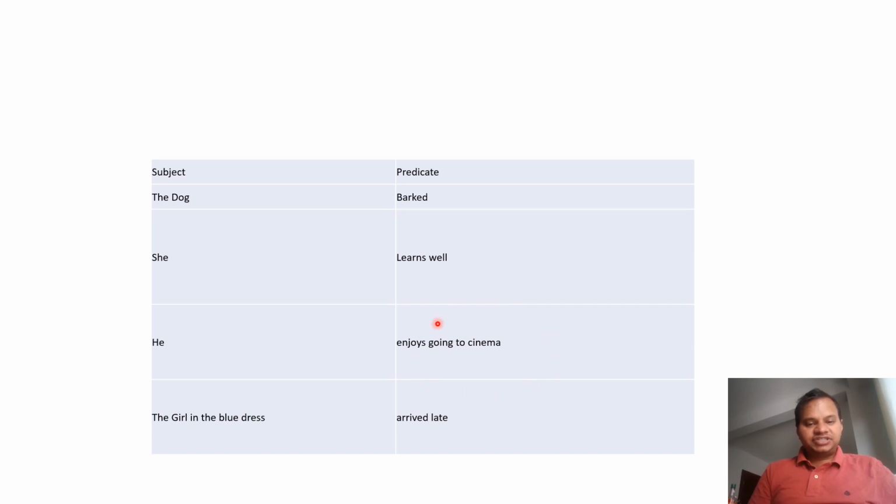Enjoys going to cinema. Then, the girl in the blue dress arrived late. So we think of a girl, or we saw a girl in a blue dress. That doesn't express anything. But if we join the predicate, it expresses that the girl in the blue dress, for example, arrived late.